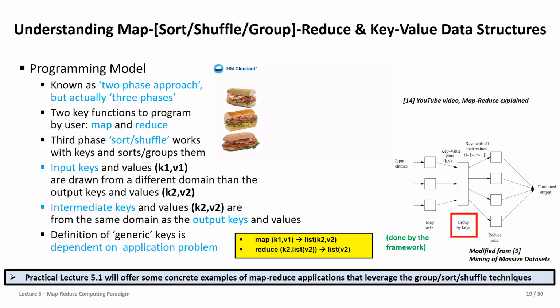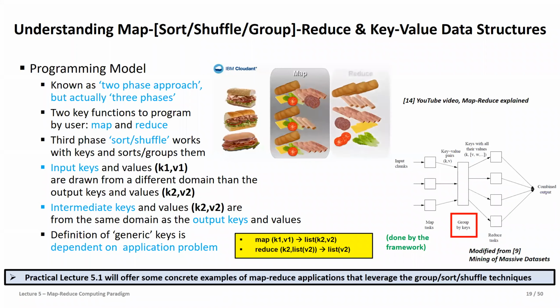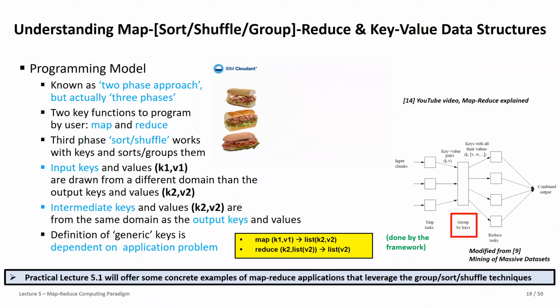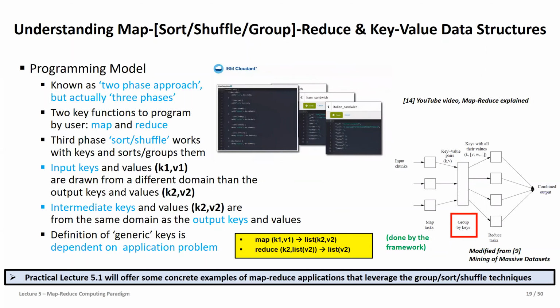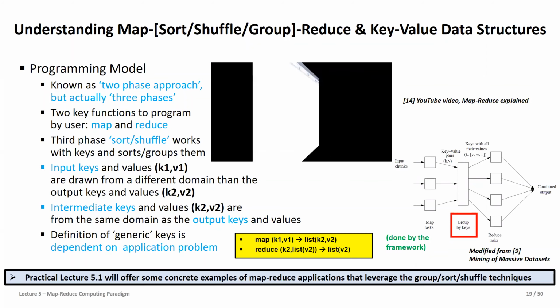But again, coming back to this, we see that these key-value pairs need to be properly defined. You have one type of key that you map to a new key entry that is then sorted, grouped, or shuffled, so that on subsequent runs you can then reduce. You have seen this in the example of the sandwich, which was a very interesting example.